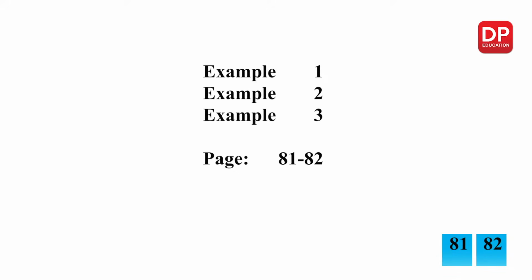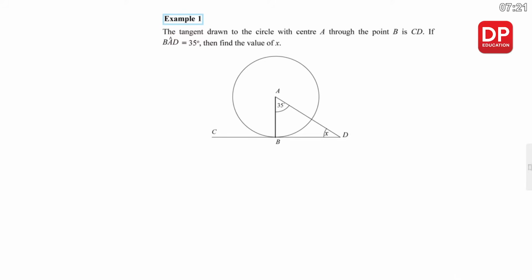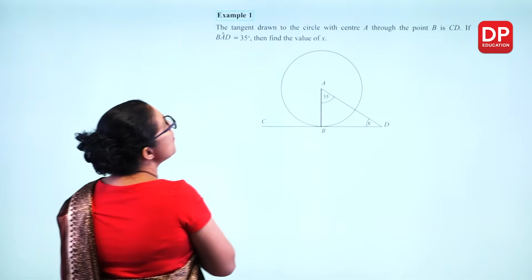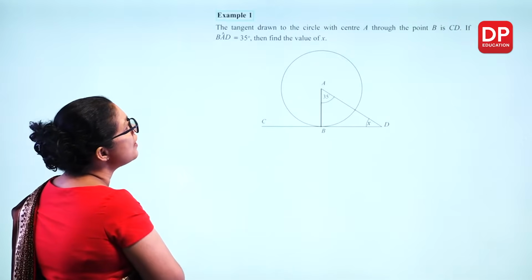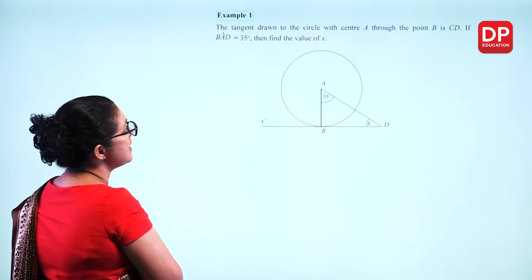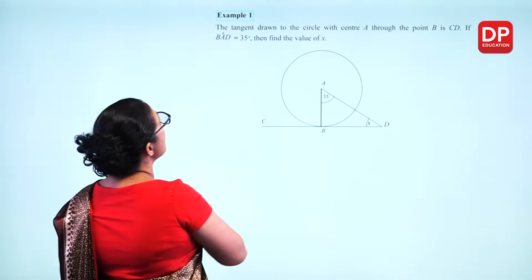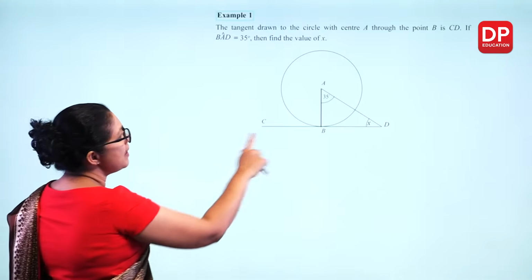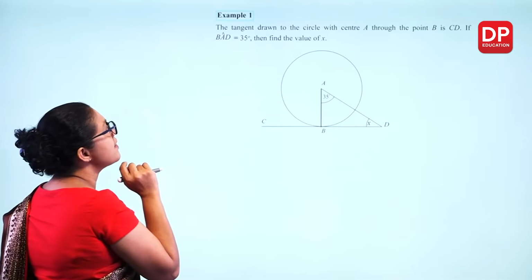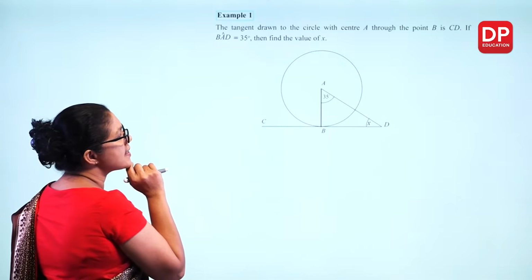Example number 1, the tangent drawn to the circle with center A through the point B is CD. If BAD is 35 degrees, then find the value of x.